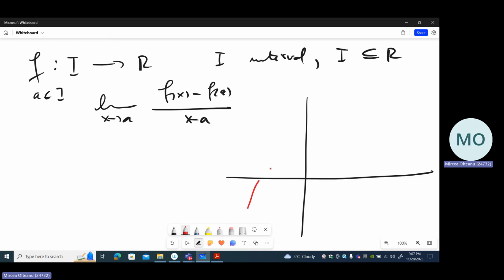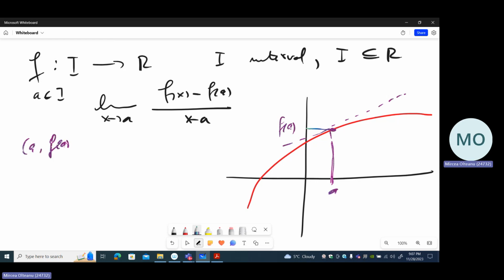If the graph of the function is, let's say, this one, and if a is a point somewhere over here, the geometrical problem, a problem in classical geometry, is to find that straight line which passes through this point whose coordinates are a, f of a.